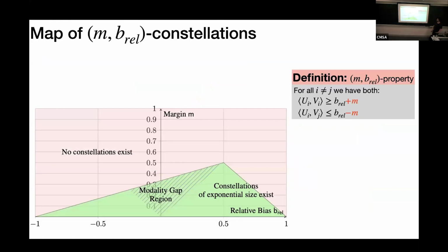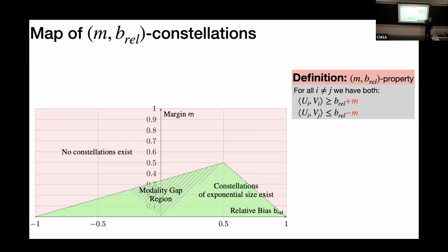Okay. So back to our results. We said that the zero loss configurations were the things that are MB constellations. They were the things where the inner products have the separation property. And so here's a diagram depicting when they exist or not as a function of the relative bias.